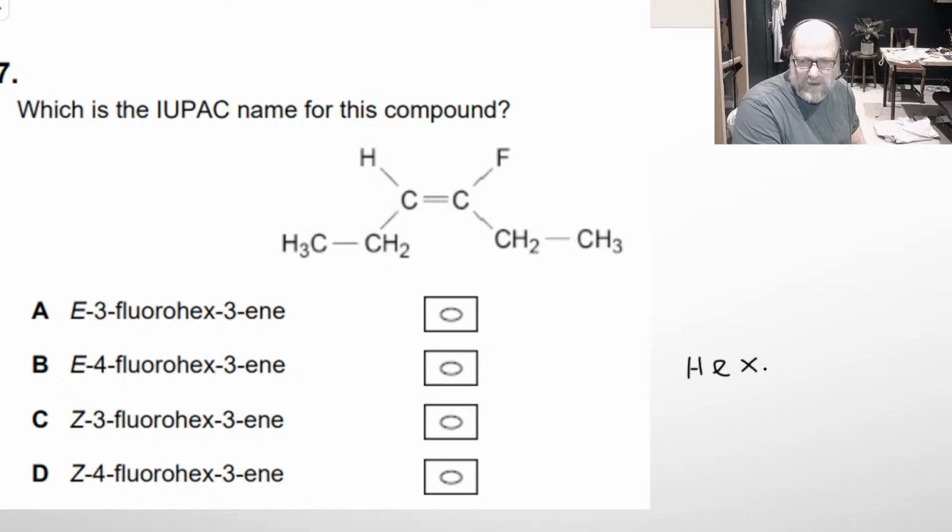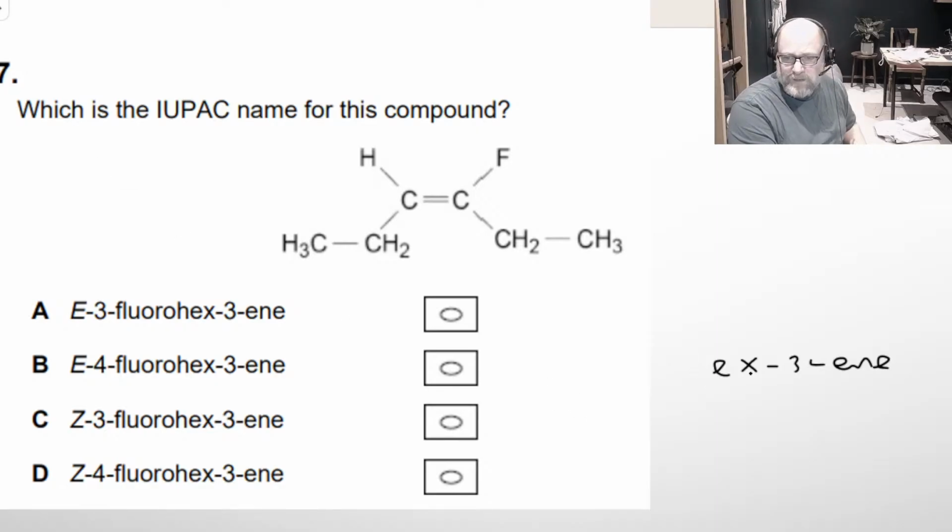How do we know that? Well, there's 6 carbons, and the double bond, whichever way you number it, is on 3. So 1, 2, 3, or 1, 2, 3. So we know it definitely ends hex-3-ene. I shouldn't really write that with a capital because it's not the start of the name.